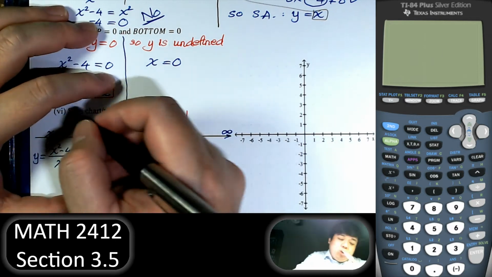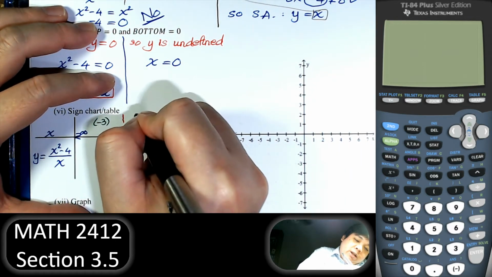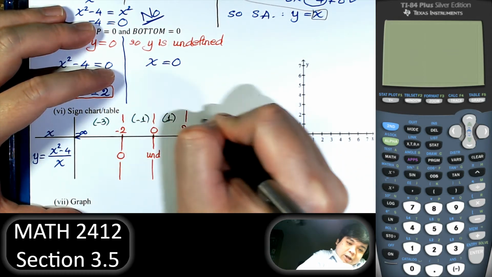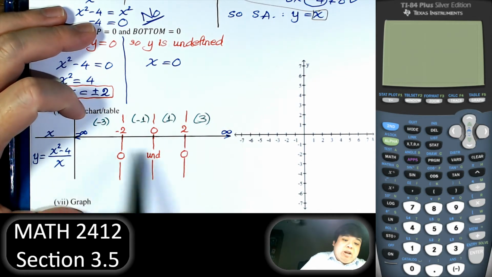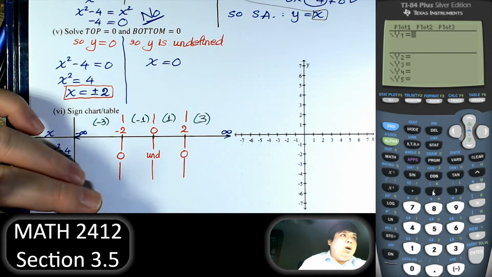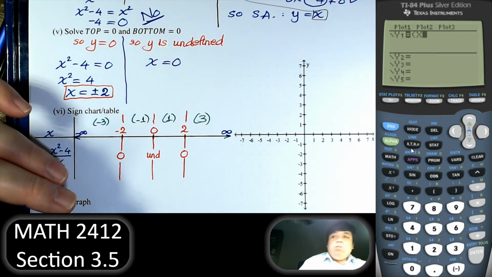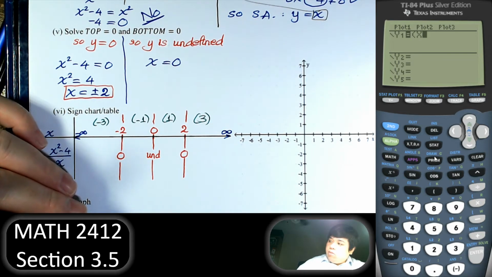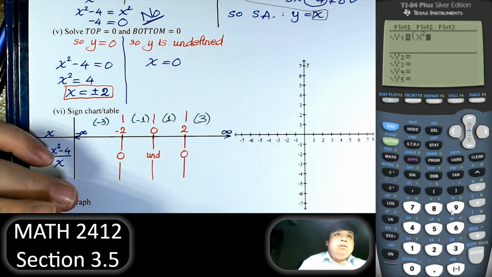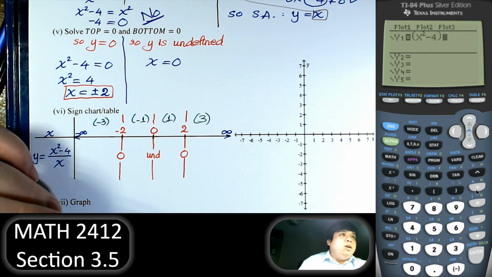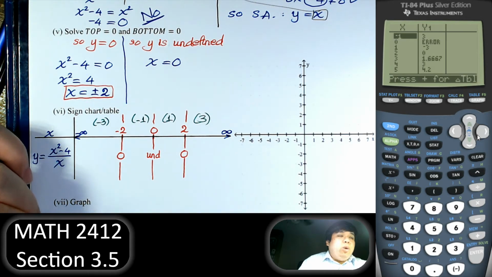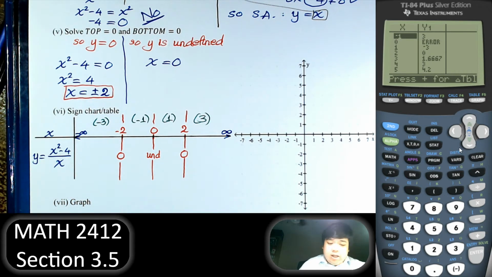Then we choose a number in each interval: negative 3, negative 1, 1, and 3, and test them. We have x squared minus 4 divided by x. Let's go to the table. When x equals negative 1, it is 3.